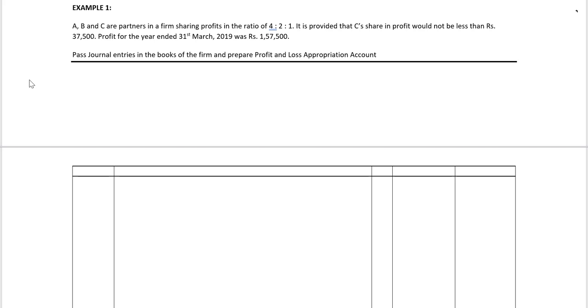So before we calculate the deficiency, let's divide the profits in the profit sharing ratio. So we'll do the working notes first.